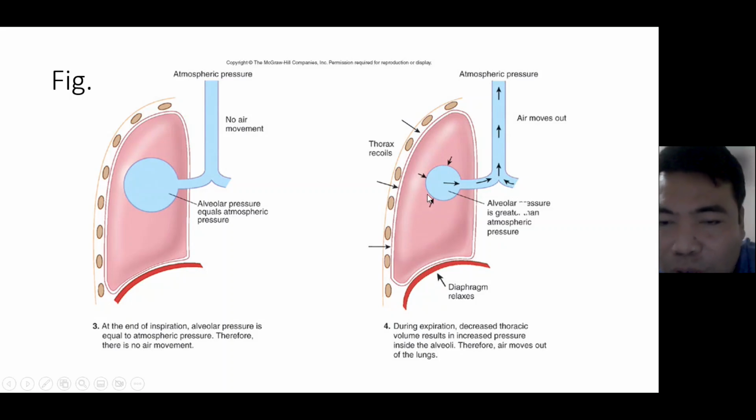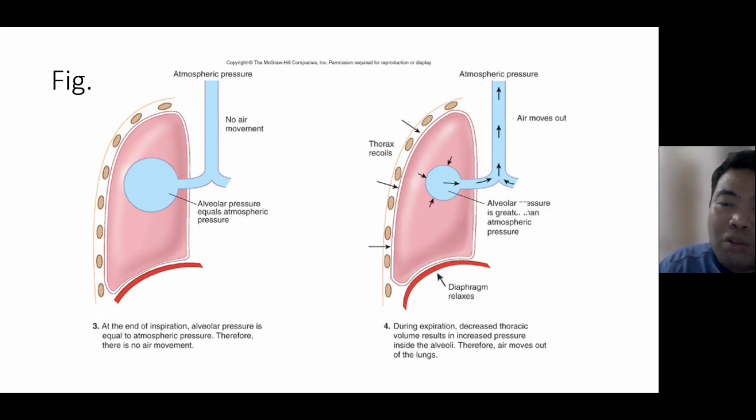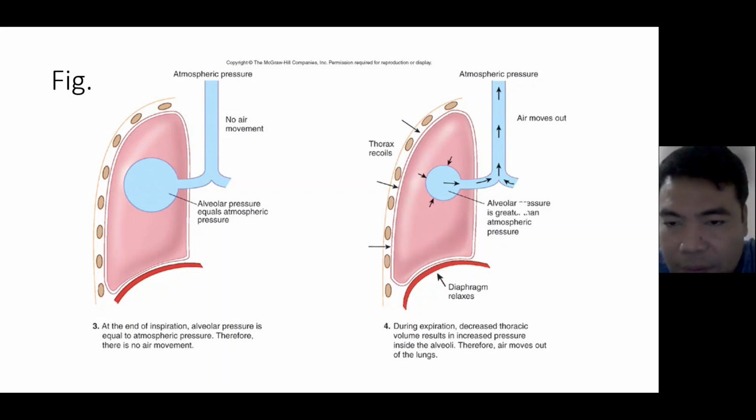The alveolar pressure increases. Since the alveolar pressure is now greater than the atmospheric pressure, air will now move out. Ganun kasimple lang ang ventilation natin. So you take note of that mechanics of breathing, or our mechanics of ventilation.